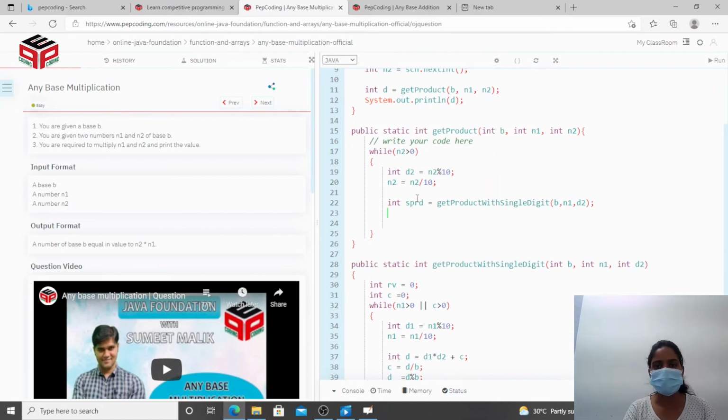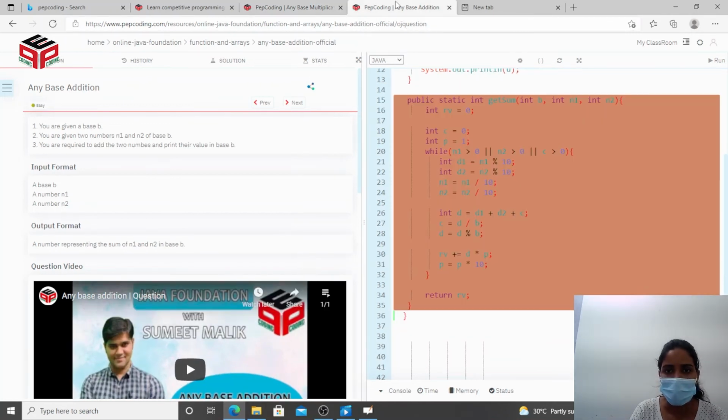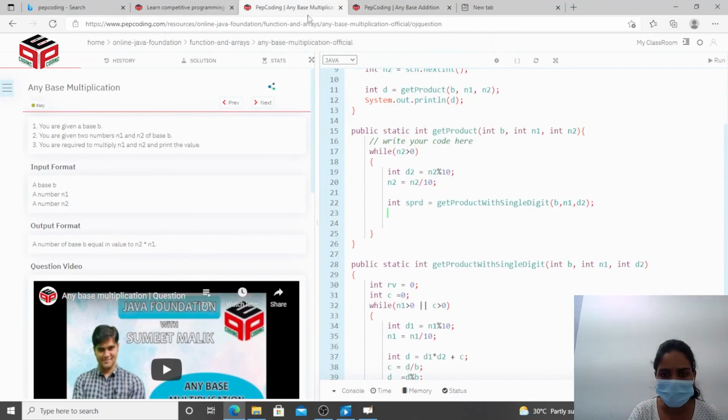After having the result, what do I have to do? I have to add the result. So I'm going to copy the code from any base addition. If you don't know how to write this get sum function in any base addition, go and watch that video first.